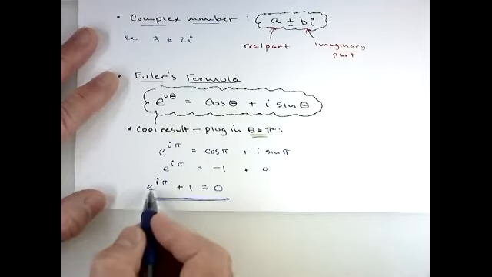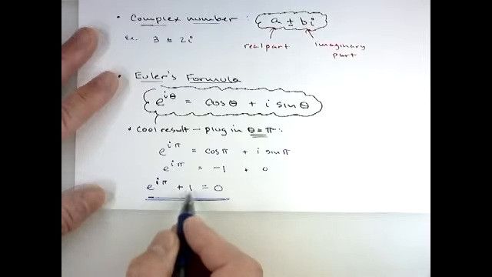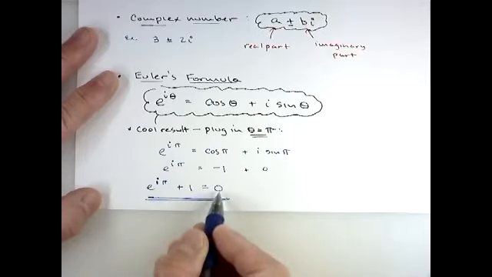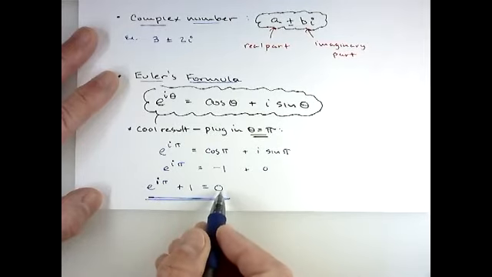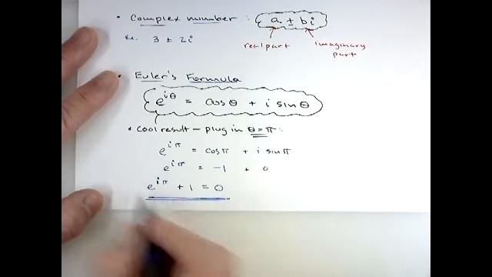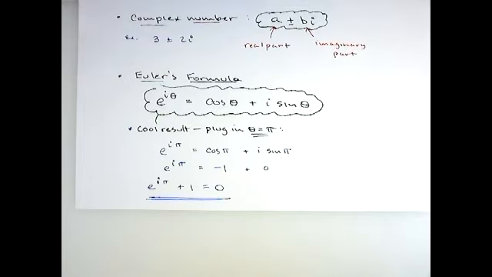Pi. e has been a very intriguing and useful number in calculus, as we've seen. i, the square root of -1, is kind of an interesting number. 1, you have to agree, right? 1 is a very interesting number. 1 times anything is itself, right? And 0, right? 0 is a very interesting number as well. So this is an equation that links five of the most interesting numbers to mathematicians. So there you go. Just had to throw that in there.